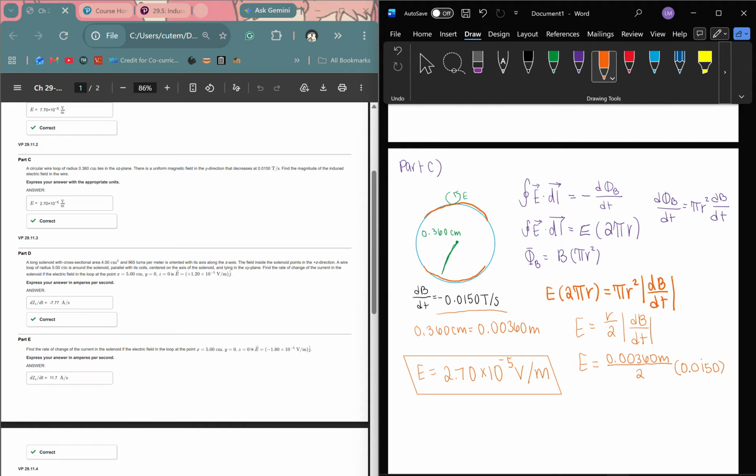Also, I want to explain why I put a negative here: it's to show that the field is decreasing, which helps me remember it better.